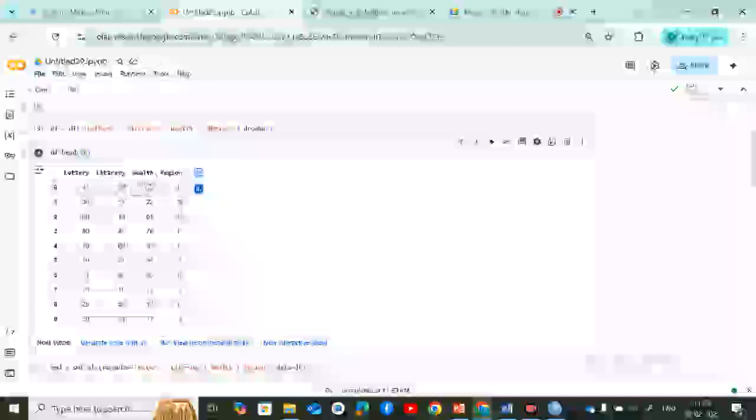Wealth is, let's say, 73 lakhs, and he is from the east region. This is how you can read this data. Now I'm just modeling it. There is something called a model. My point is to show you how you can model it. Just see, this is user defined. You can write a model name.